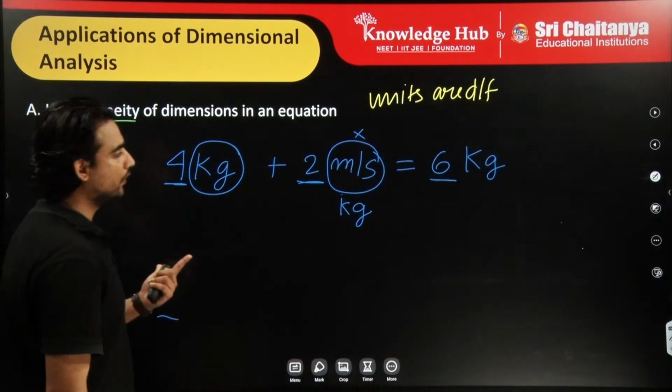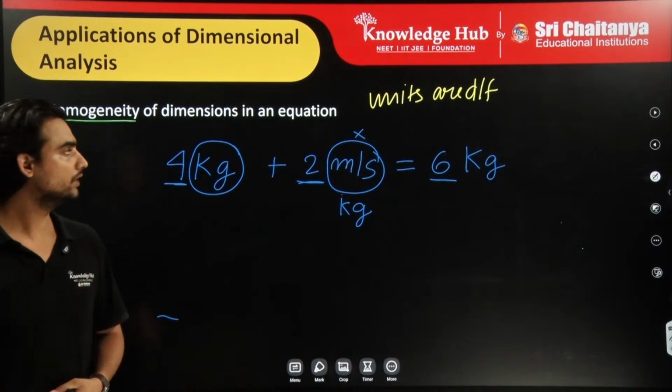So this is what we mean by homogeneity of a dimensional equation.